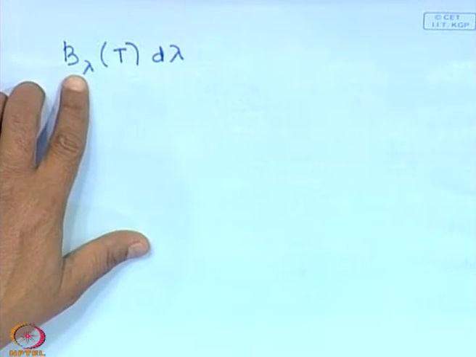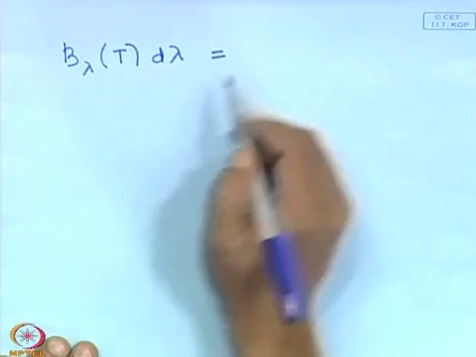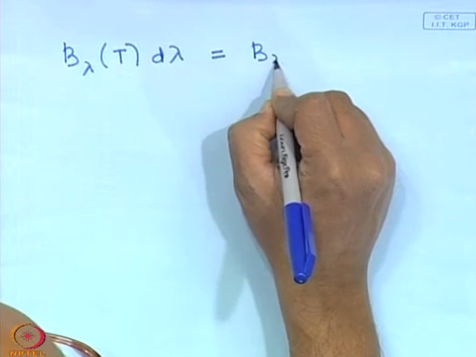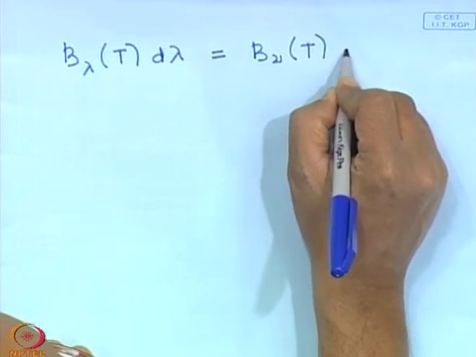Which is B lambda, the Planck function as a function of lambda. It is not just the Planck function as a function of lambda. So, B lambda d lambda is equal to B nu d nu.